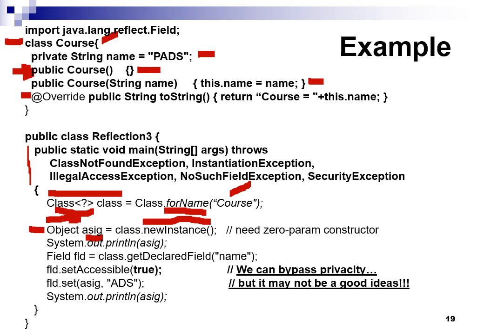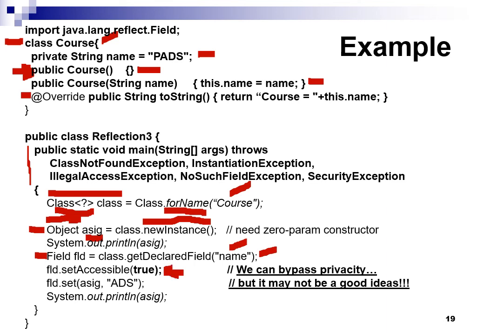Now what I can do is I can get a field, right? Field is a reflective class again. It's a class that is used to represent what fields, what attributes a class has. So I can get the field name and I can change the accessibility, so the access control. So it was private, but now I say, okay, this is going to be public.